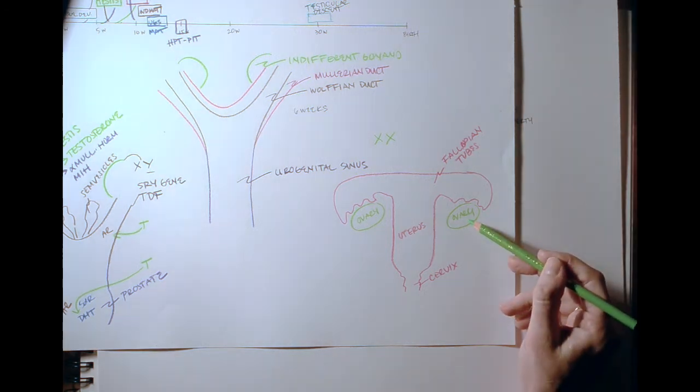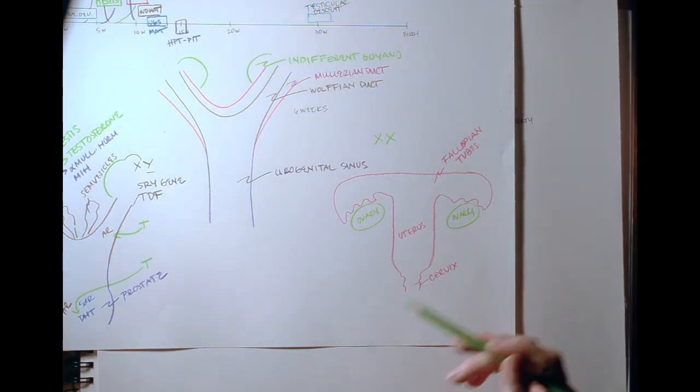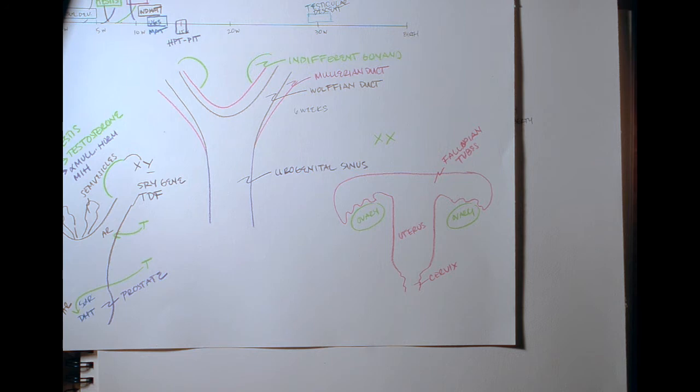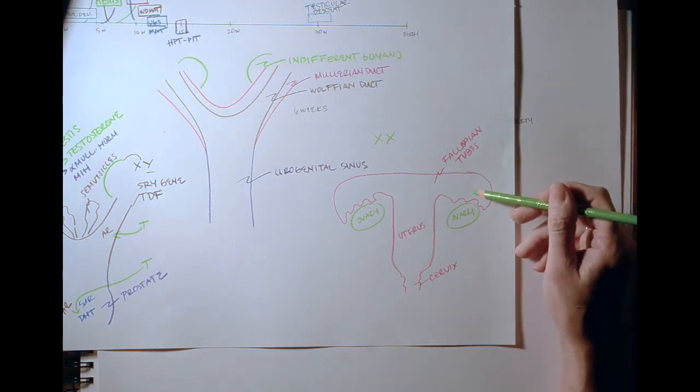so we get differentiation into the ovary. We have no Müllerian inhibiting hormone, so we have differentiation of the Müllerian duct, or retention of the Müllerian duct.